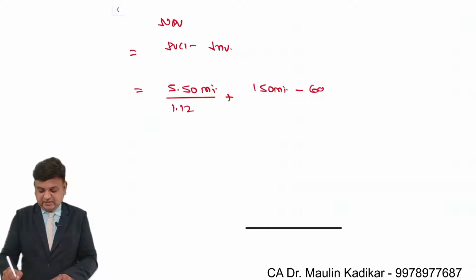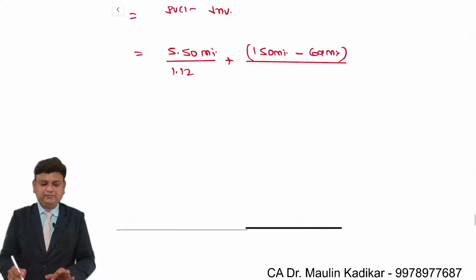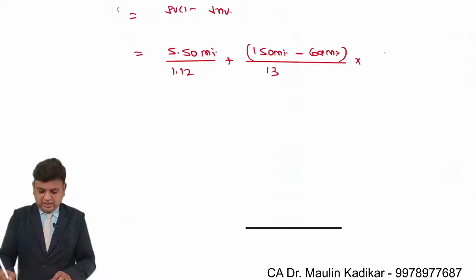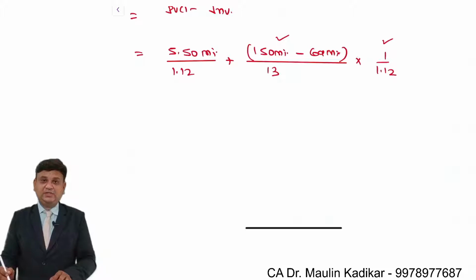minus 69 million. So this is the amount in XYZ mark term, divided by the exchange rate 13, into 1 divided by 1.12. So that is converted into present value term. This is the conversion into Canadian dollar term, and this is the conversion into year 0 term.